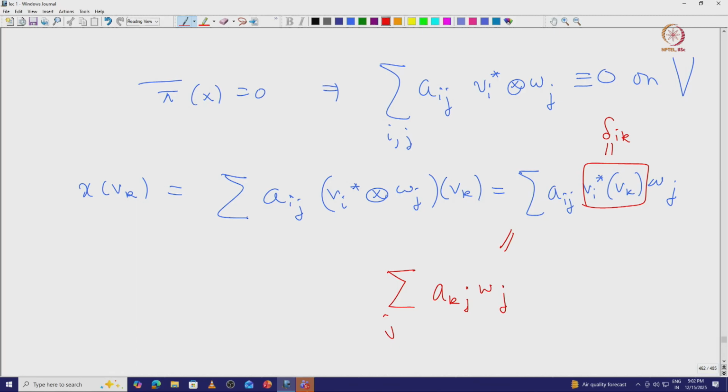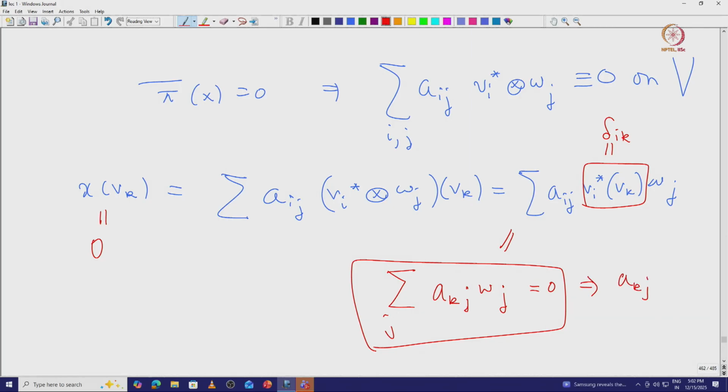Now, we know that since pi bar of x is 0, this is exactly 0. And since W j form a basis for capital W, that would imply that A k j is 0, and since k is arbitrary, that would imply that A k j is 0 for all k and j.